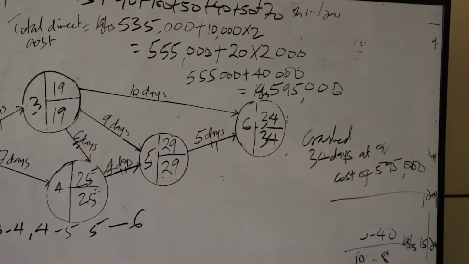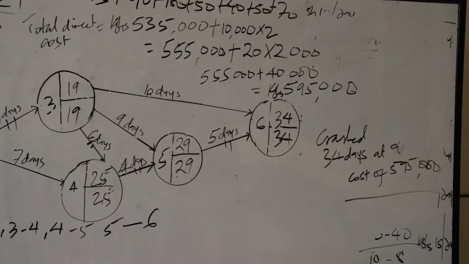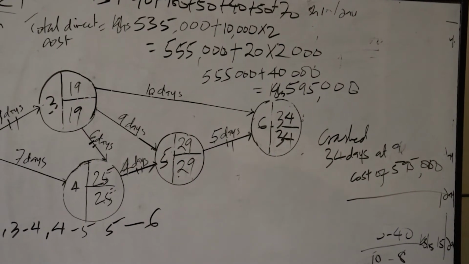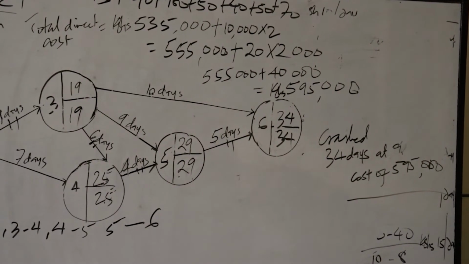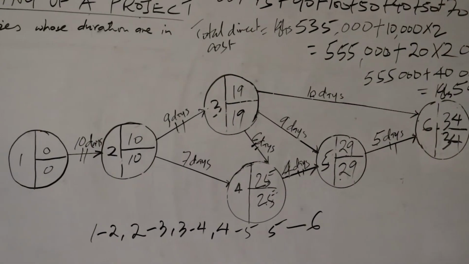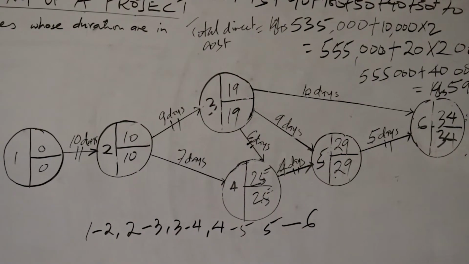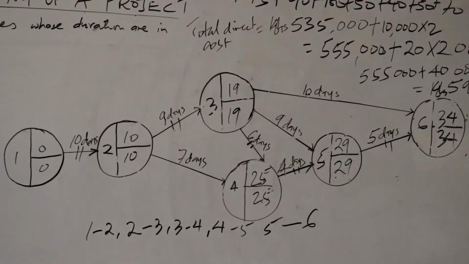Then step number 3. Let us check the activity existing along the critical path that has the minimum cost slope, because we crash according to ascending order of cost slopes. The next activity to be crashed is activity 2 to 3.